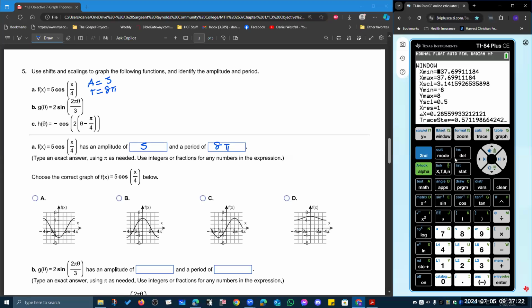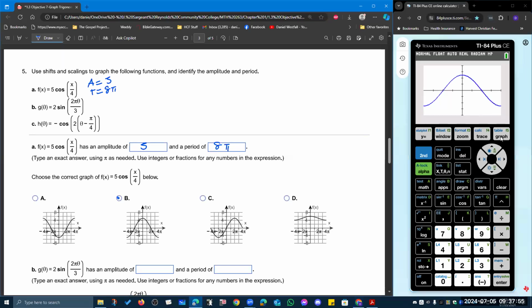And we're going to go from negative 4 pi to 4 pi. And it looks like we want our tick marks to be, in terms of pi, negative 8 to 8, and we're going by 2s. Graph. So that's this one.